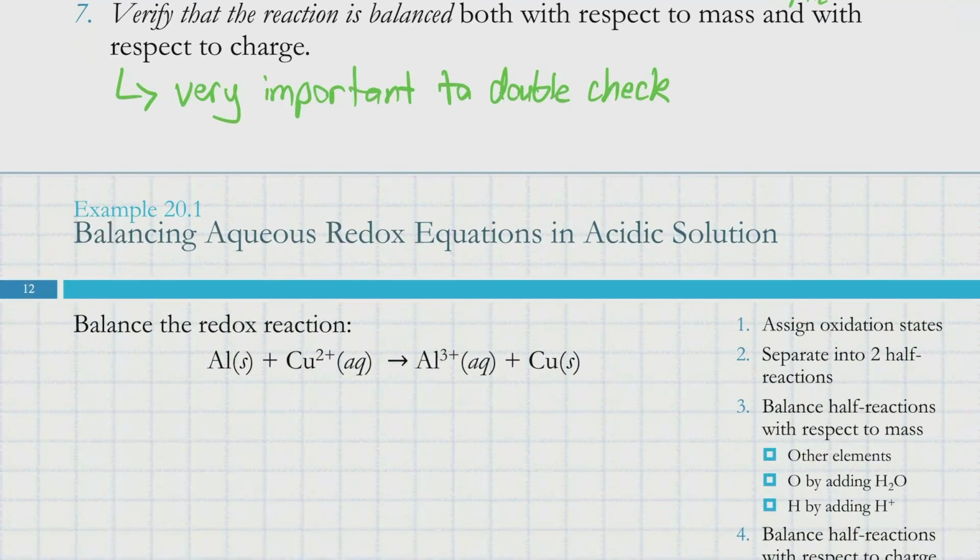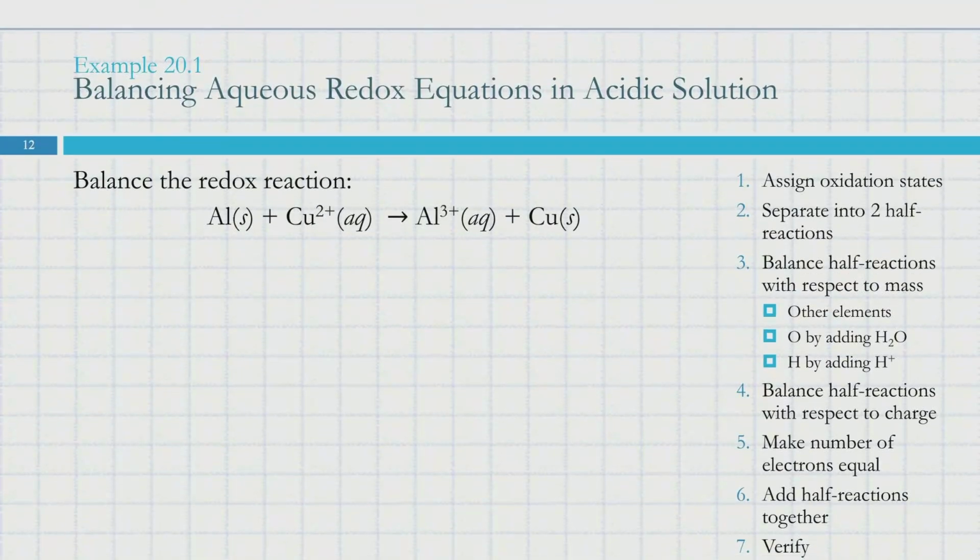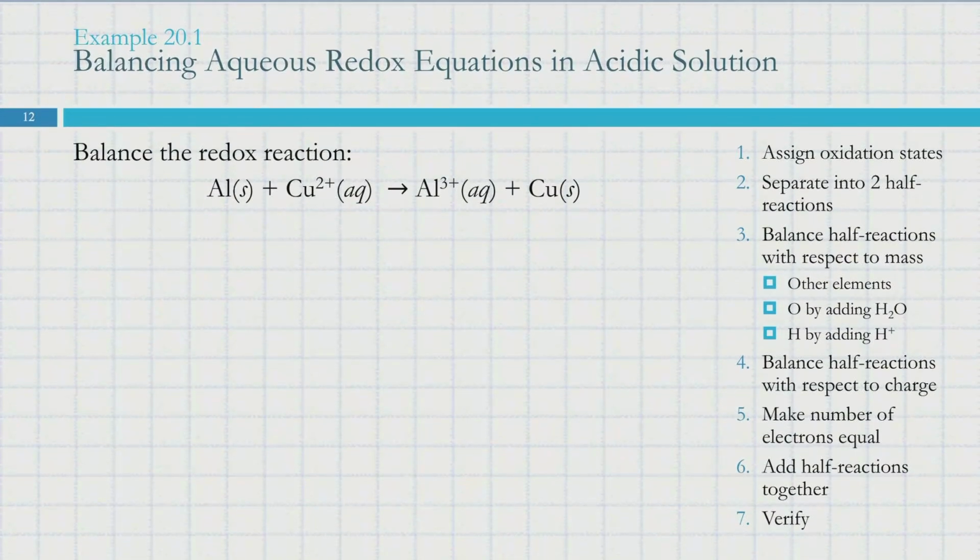All right, let's balance this redox reaction. This is about as simple as it gets. And we've got the rules along the side to help us out a little bit. So we want to assign oxidation states.